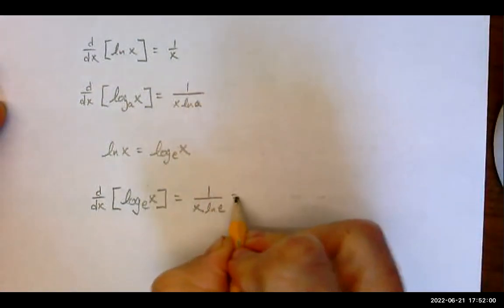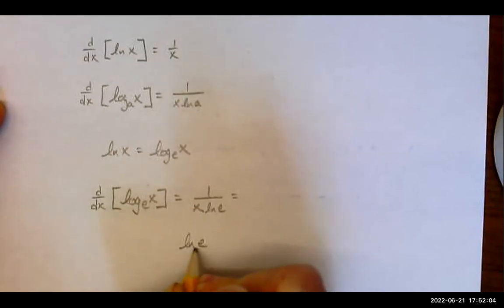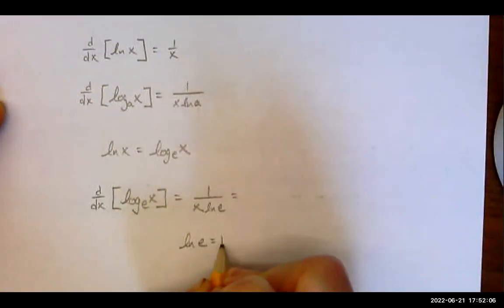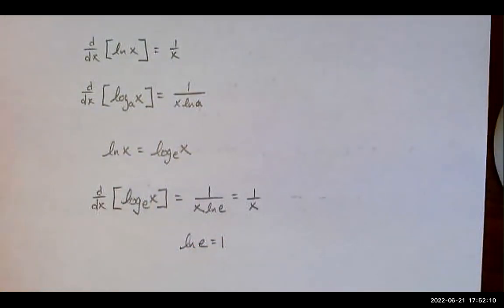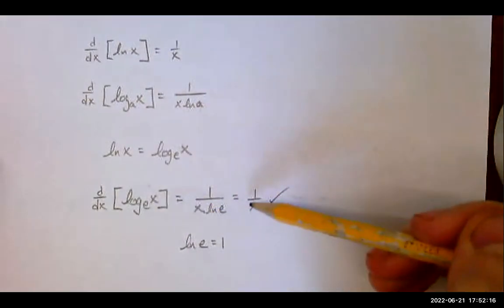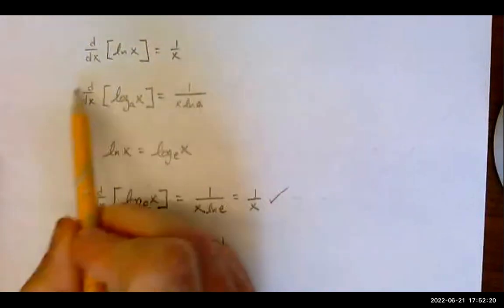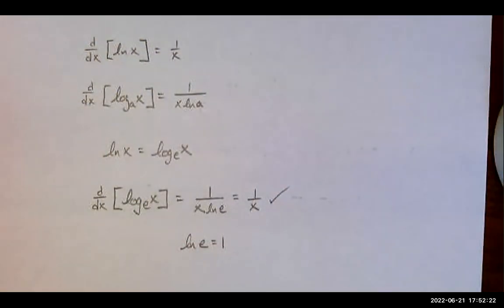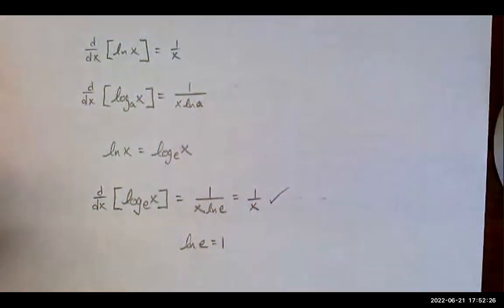Yes, because the natural log of e, those have the same base, that's equal to 1. They're inverses. And so, yep, even if we were to follow this more general rule, we'd still get the same thing, kind of showing this is a special case of the larger rule, but it's the best case, it's the nicest case because of that natural log e that occurs.